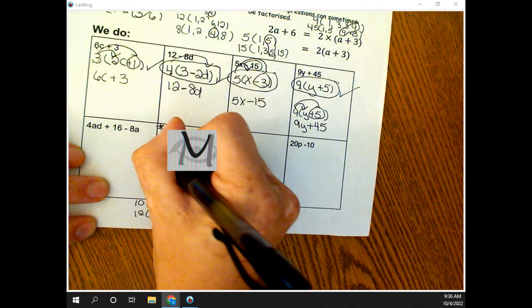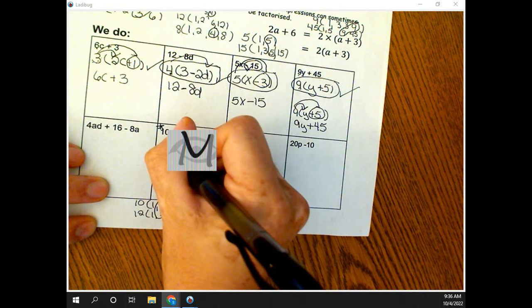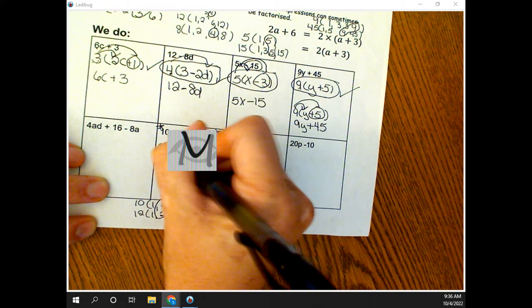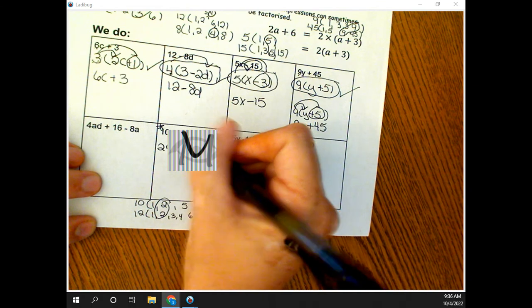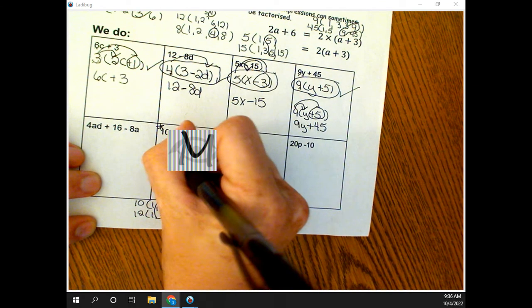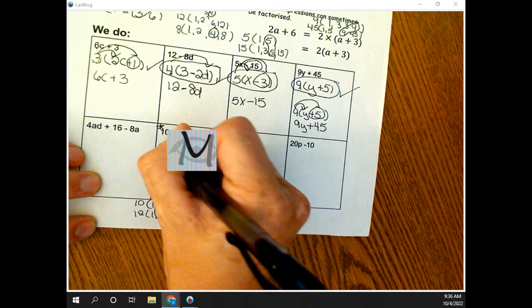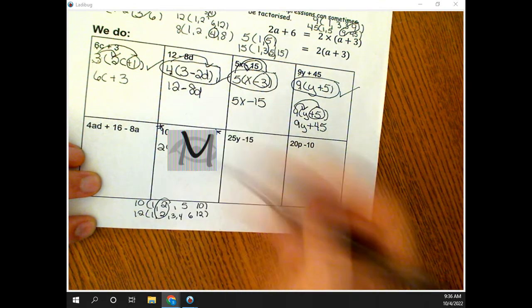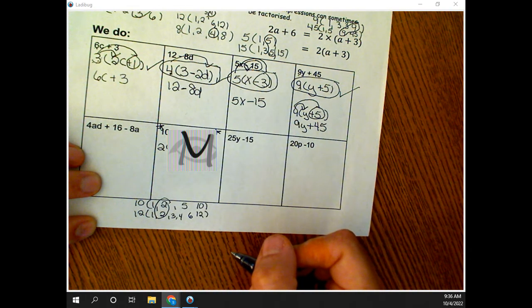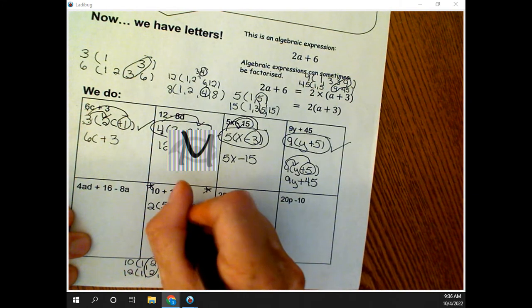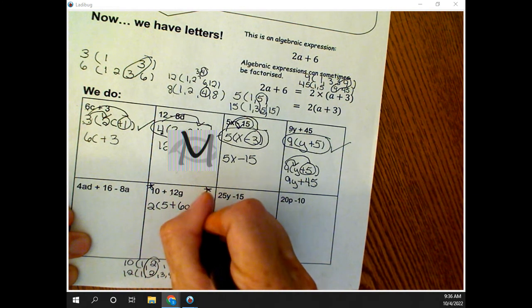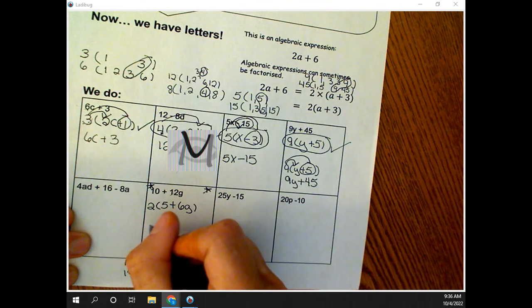So I come up here, and 10 divided by 2 is what? Yep, 5. Good job. All right. And 12g divided by 2 is what? Yep, positive 6g. Good. Plus 6g. All right, let's go back down here and double check our work.